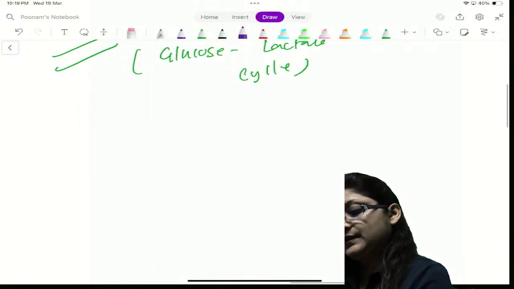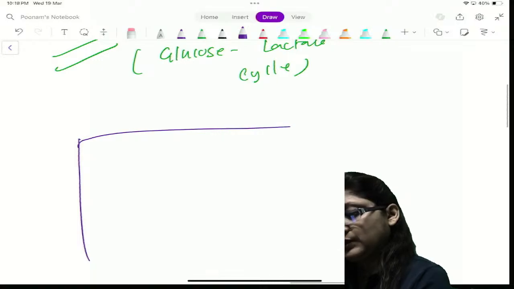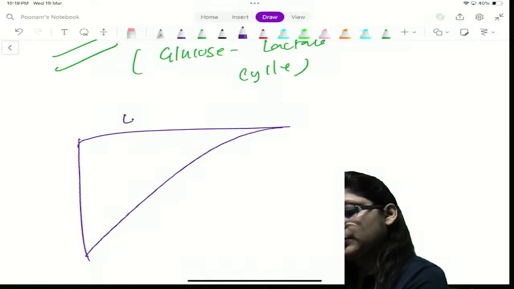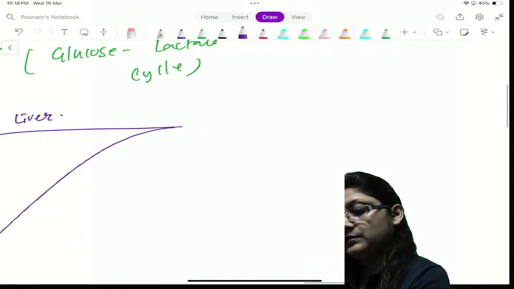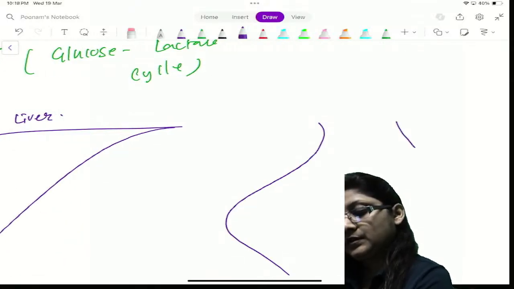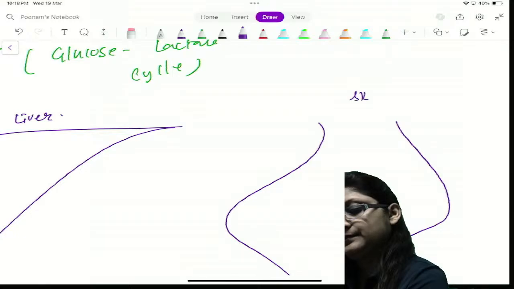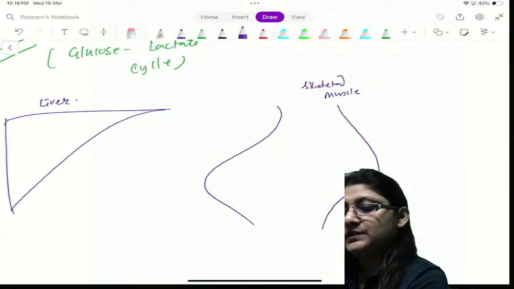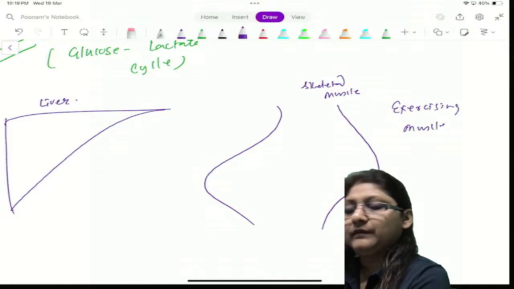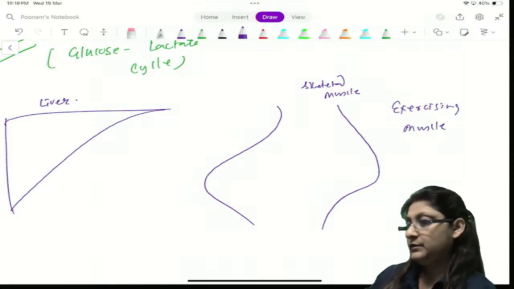Regarding this, let me draw two organs here. This is liver. Of course, you probably recognize this is liver. And this is skeletal muscle. This skeletal muscle is exercising muscle, meaning the one which is in rapid contraction.